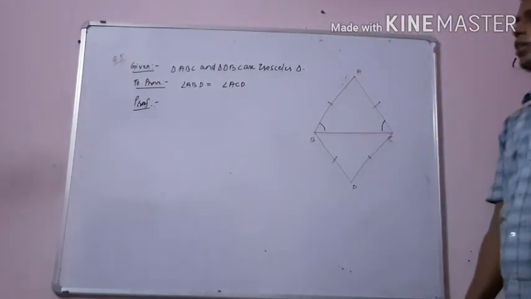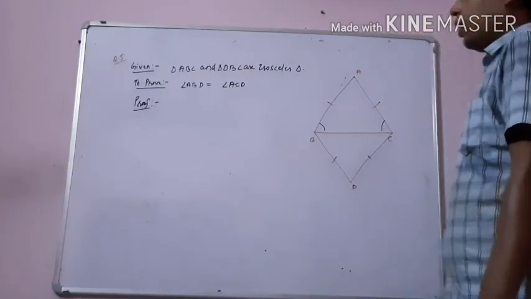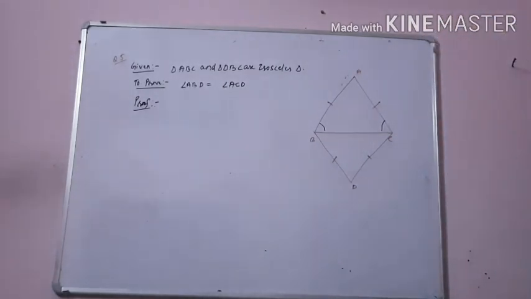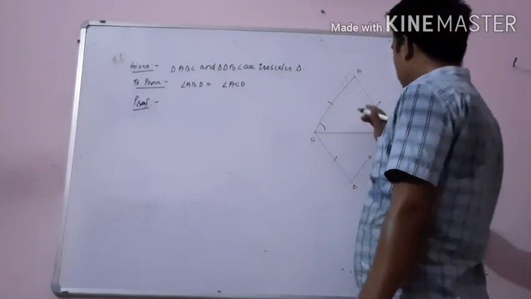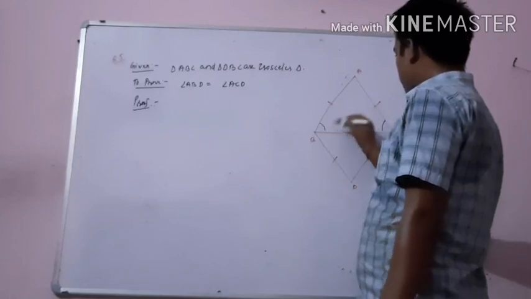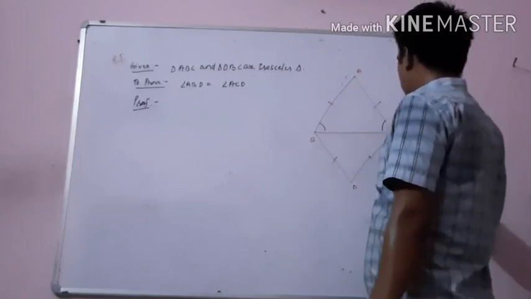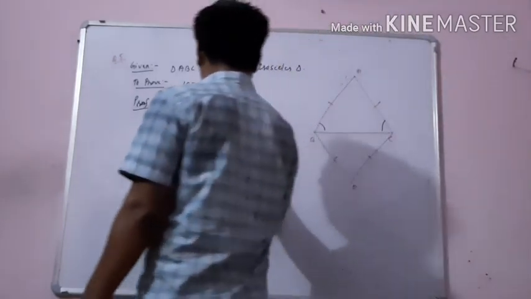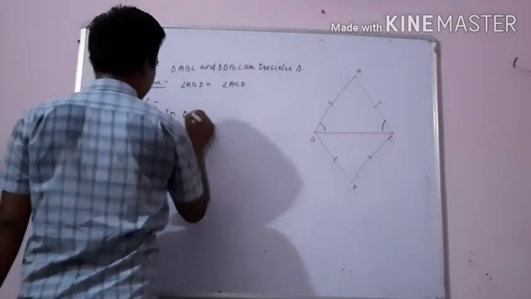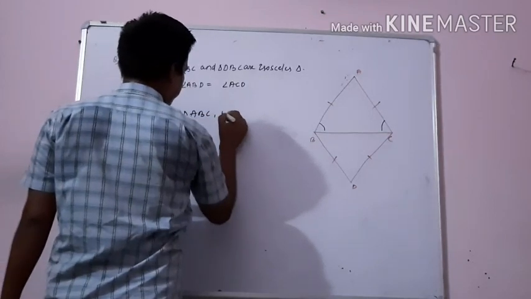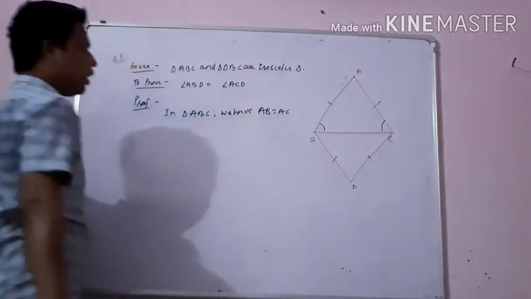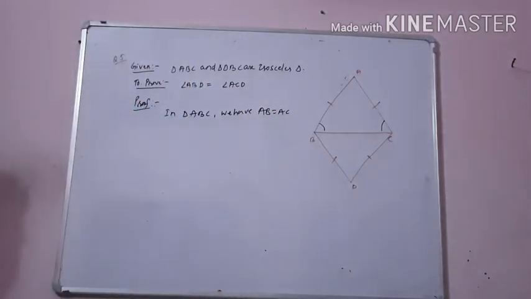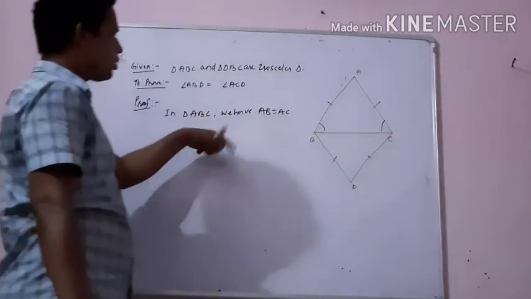The property of isosceles triangle says that angles opposite to equal sides will be equal. So in triangle ABC we have AB equals AC.